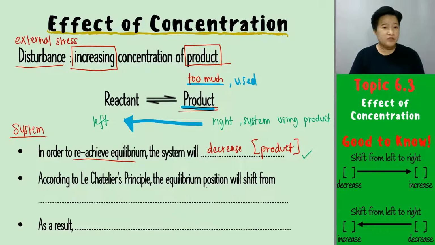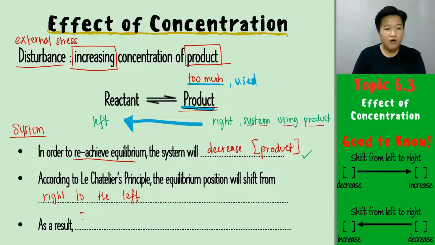Therefore, according to Chatelier principle, the equilibrium position right now will shift from your right to the left. Okay? And as a result, what will happen? Because the system is using the product, the concentration of the product will then decrease.